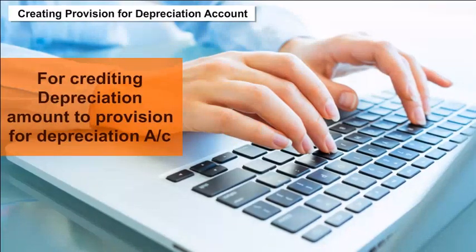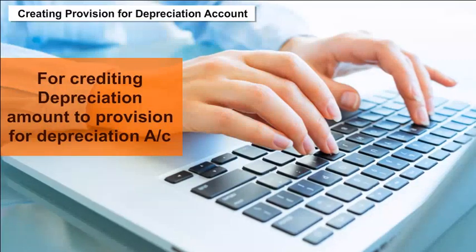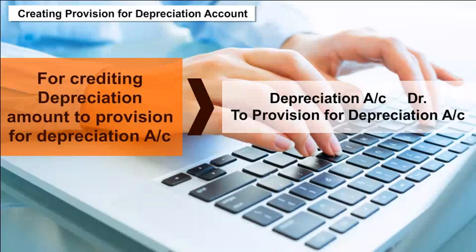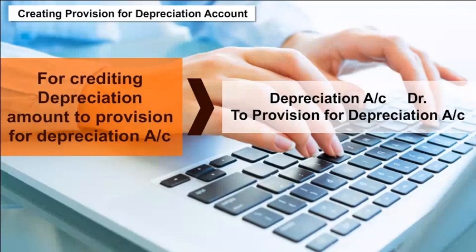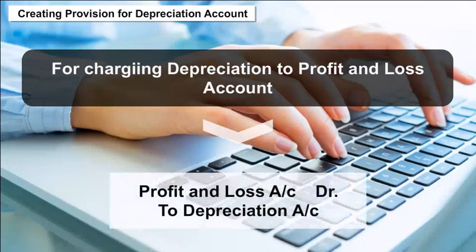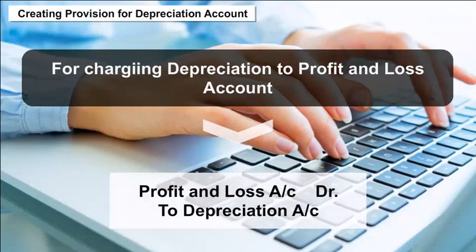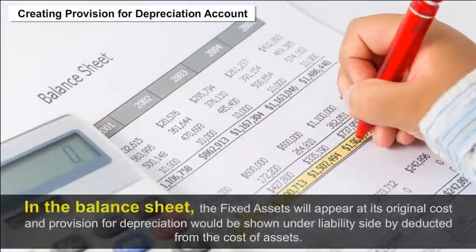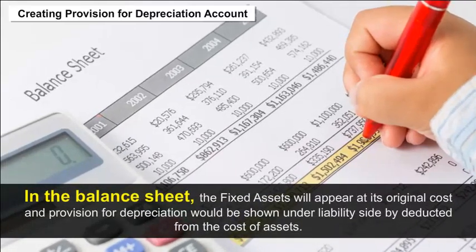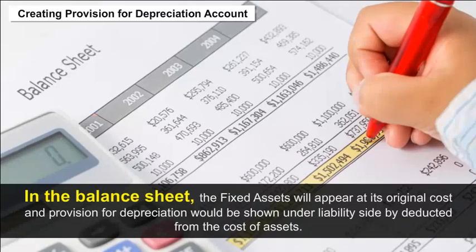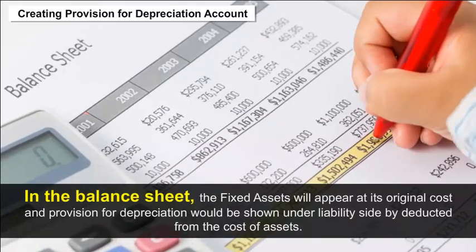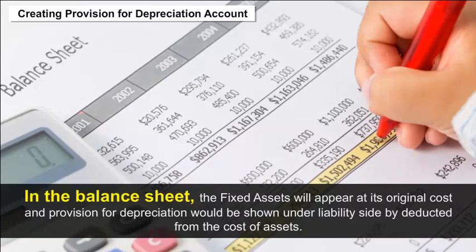For crediting depreciation amount to provision for depreciation account, depreciation account debit to provision for depreciation account. For charging depreciation to profit and loss account, profit and loss account debit to depreciation account. In the balance sheet, the fixed assets will appear at their original cost and provision for depreciation would be shown on the liability side, deducted from the cost of assets.